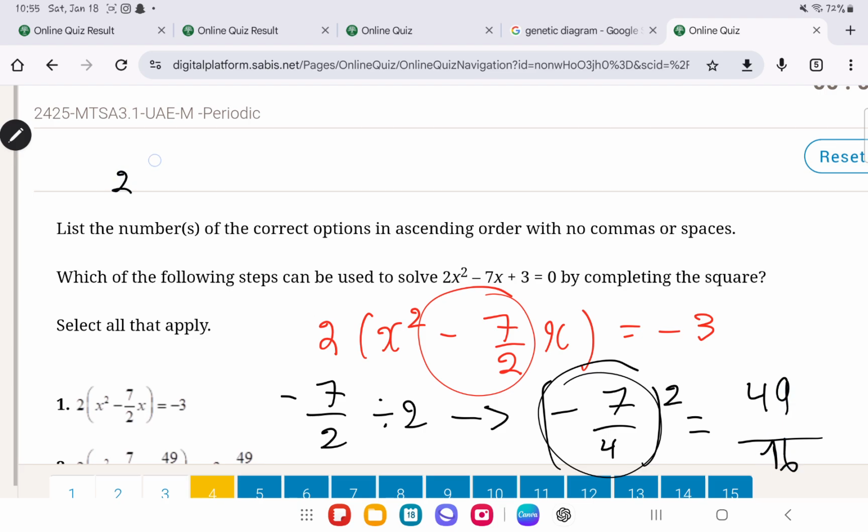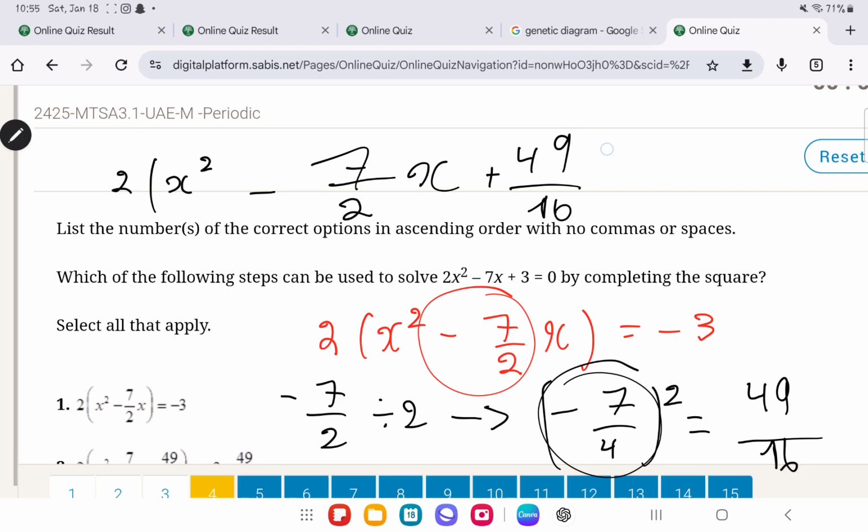So it's going to become 2x squared minus 7 over 2x. Now, inside the brackets, we add plus 49 over 16. Now, outside or after the equal, we have minus 3. So we are going to add the square, 49 over 16.